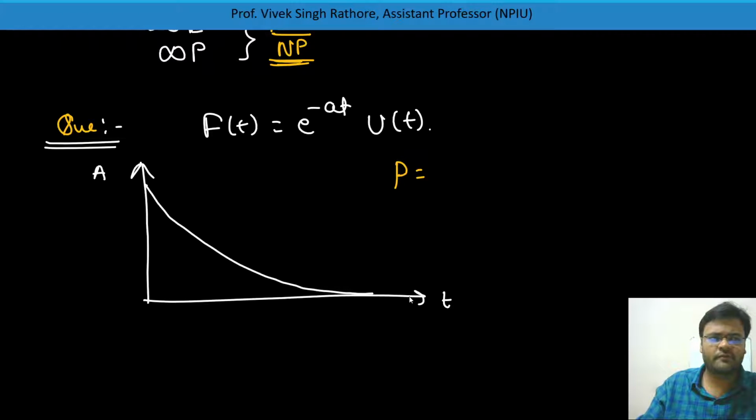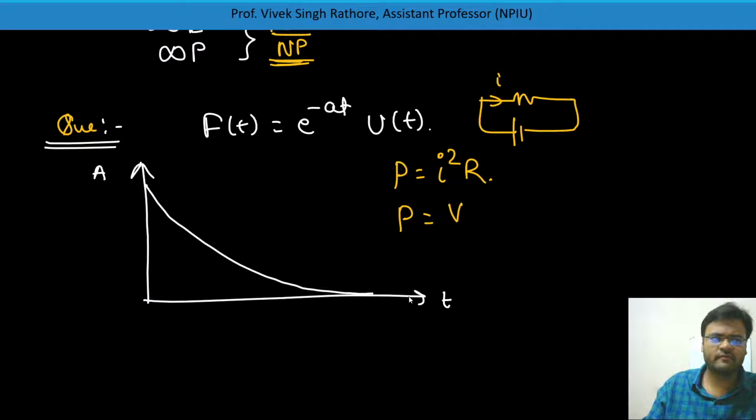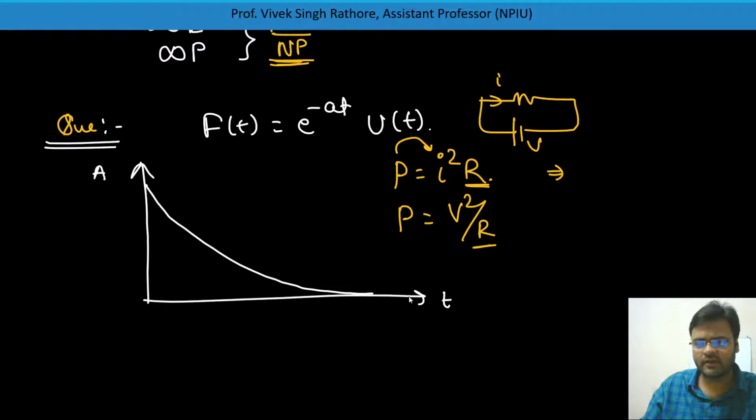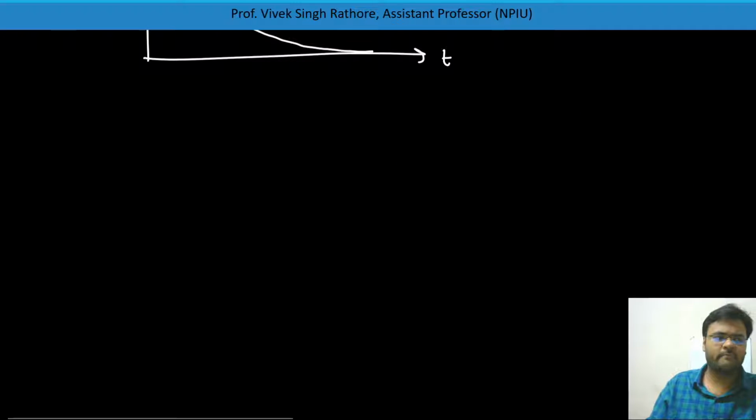If a resistor is there and current is flowing, power is equal to I squared R, or if voltage is there, P is equal to V squared by R. So if R is constant, power is directly proportional to the square of this function.